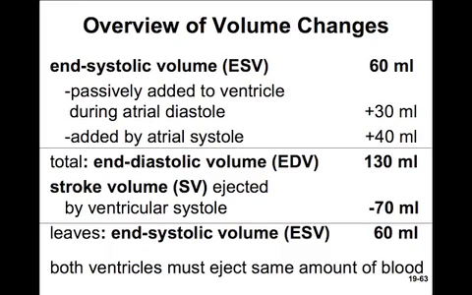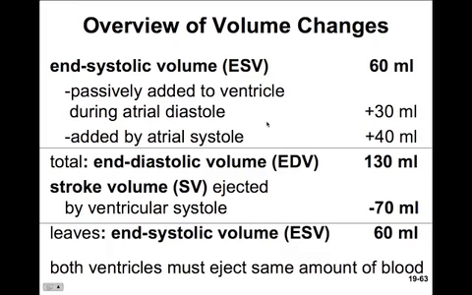Now let's take a quick look at all of these volume changes. We introduced some big terminology. End systolic volume, or ESV, is usually about 60 milliliters. Passively added volume to the ventricle during atrial diastole, or atrial relaxation, is about 30 milliliters.